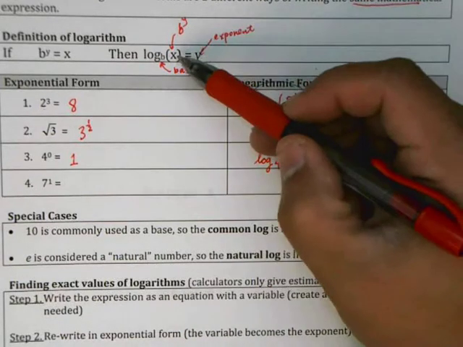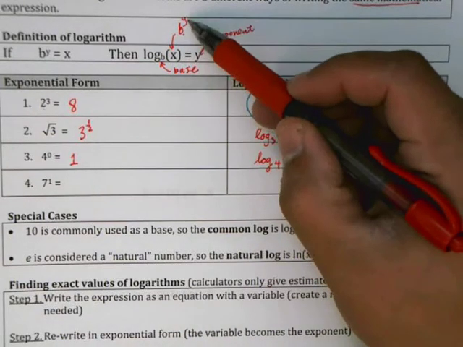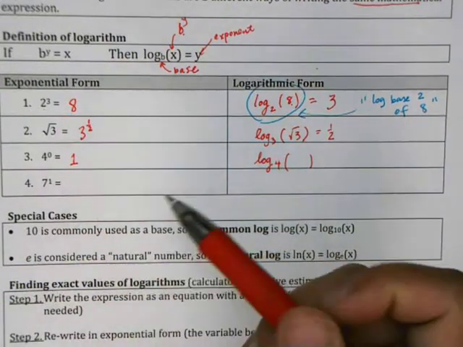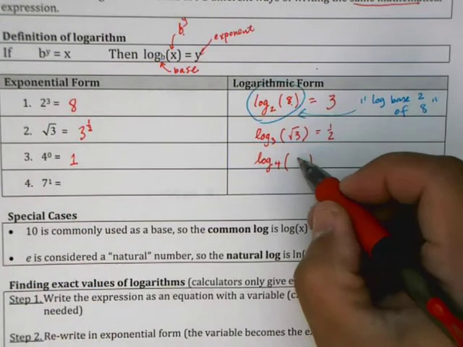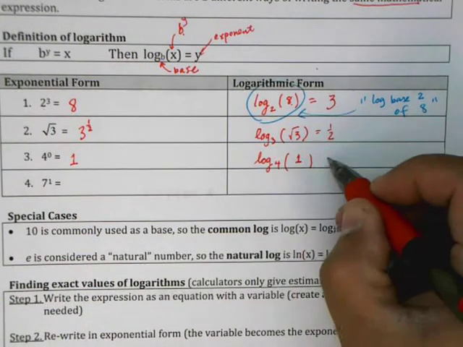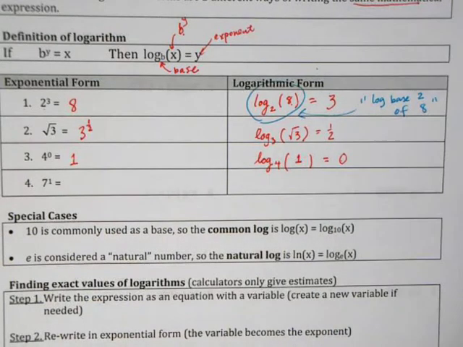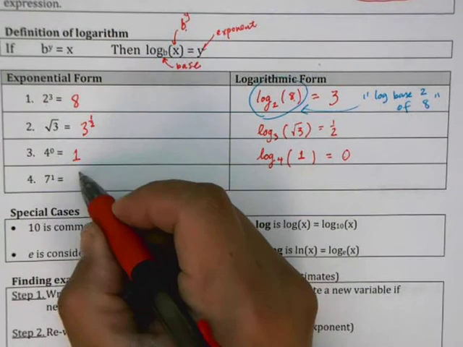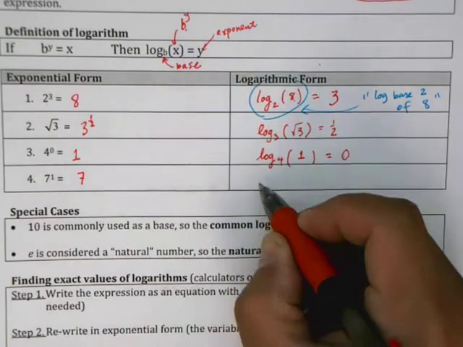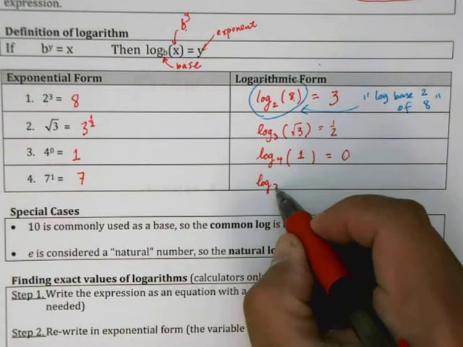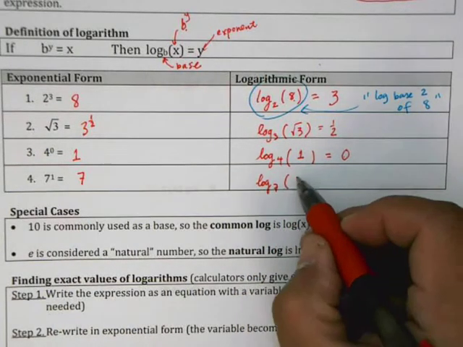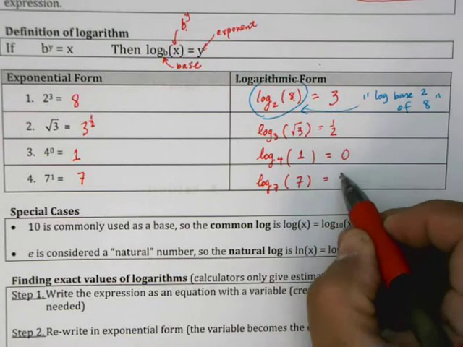Remember, inside the parentheses here is the base to the exponent, so this is 4 to the 0, which is 1. And this is equal to the actual exponent out here, which is 0. And finally, 7 to the first is, of course, 7. So we write log base 7 of 7 is equal to 1.